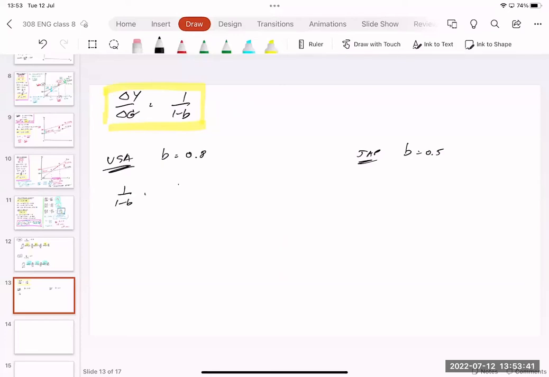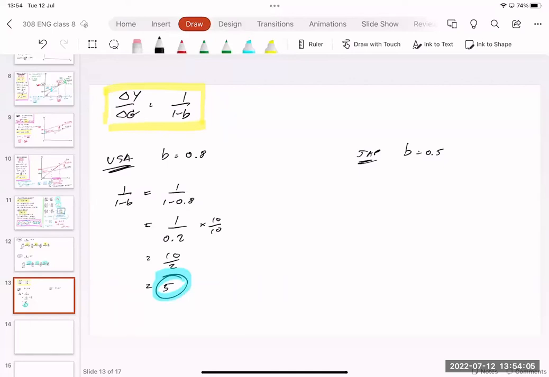In the USA, it is equal to 1 over 1 minus 0.8, which is equal to 1 over 0.2, right? If you multiply 10 by 10, you get 10 over 2, which is equal to 5. The multiplier effect in the USA equals 5, which means when the government spends $1 more, the economy is going to grow $5.